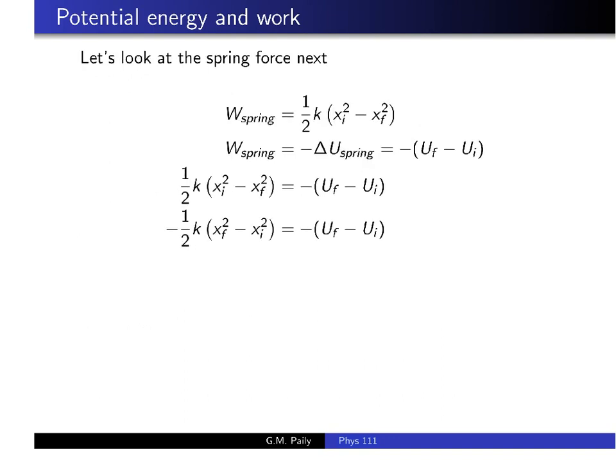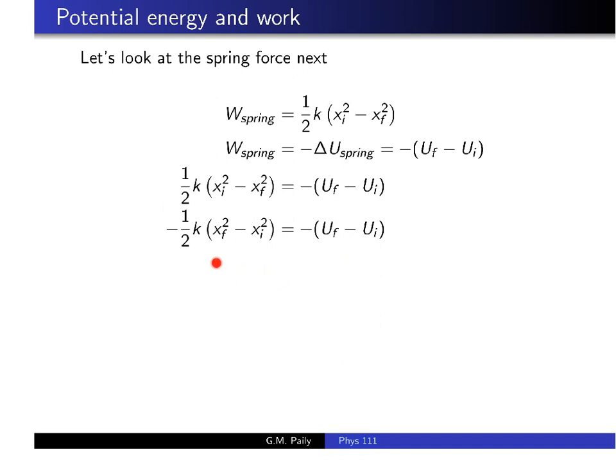All right, let's try it for the spring force. If you've been reading the textbook, you would have seen that the work done by the spring force is 1/2 k times (x initial squared minus x final squared). But we also have work done by the spring force, since it's conservative, would be negative delta U spring. Once again, we write that out as negative parentheses U final minus U initial. Okay, and so now we compare these. We want to have that same minus parentheses structure, so we pull out a minus sign here and we flip the order.